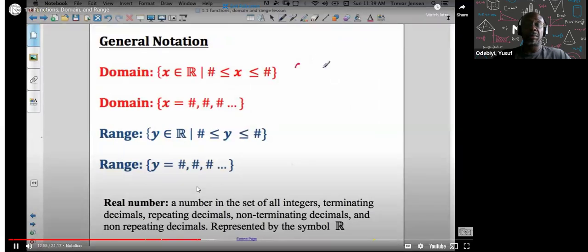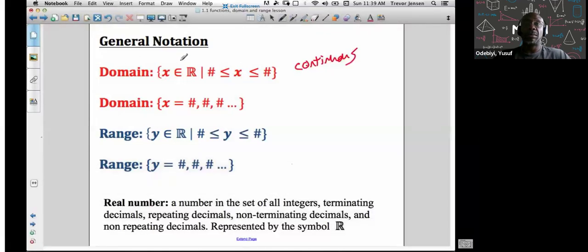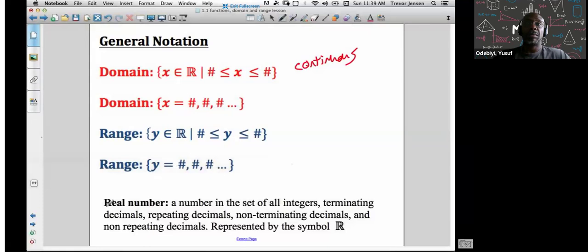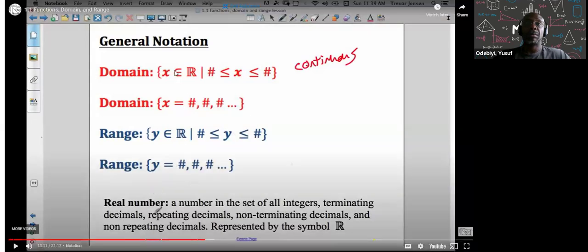Same thing for the range. If we have a continuous function, we're going to write our notation like this. We're going to first say that x could be an element of the real numbers. A real number just means any type of number, rational or irrational, includes integers, terminating decimals. This is always typical when you're writing the notation for domain and range.